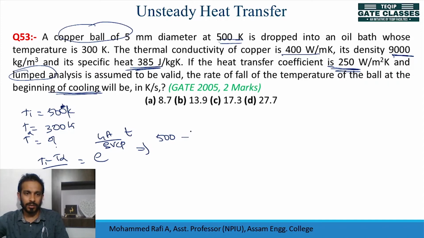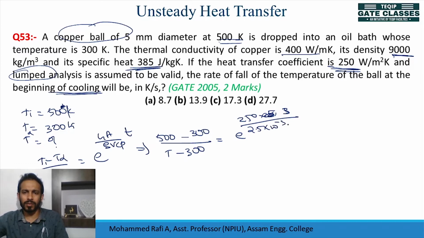So 500 minus 300 divided by T minus 300. We don't know the T value. Substitute e to the power, and the h value is 250, into, again it is a copper ball, so 3 by r, that is 3 by 2.5 into 10 to the power minus 3, into the rho value, density 9000, and the Cp value is 385.